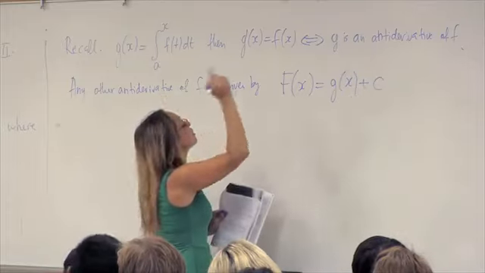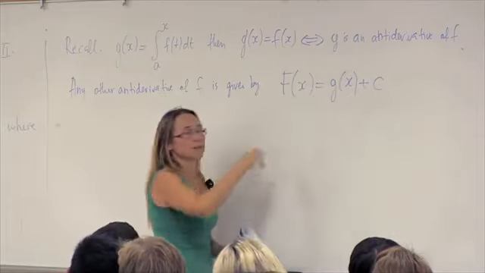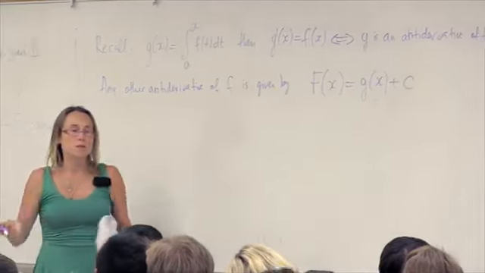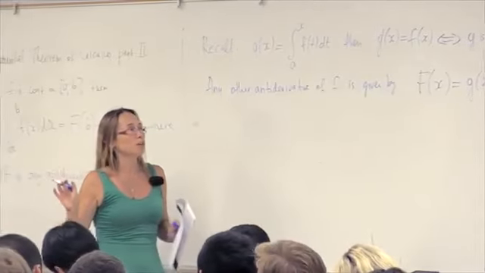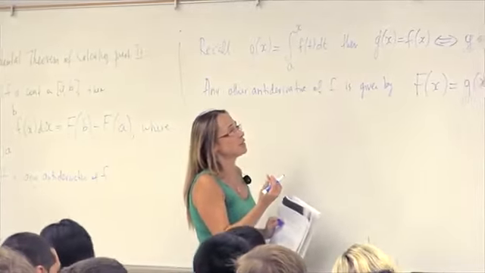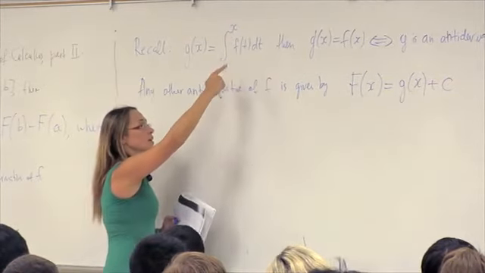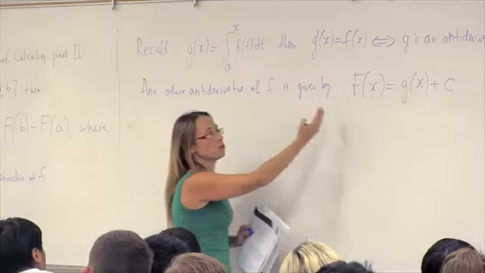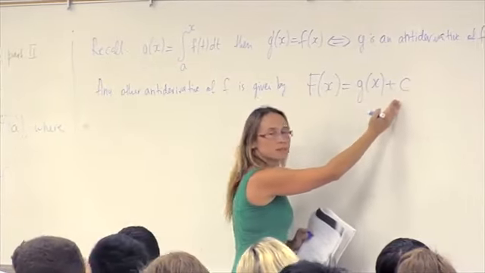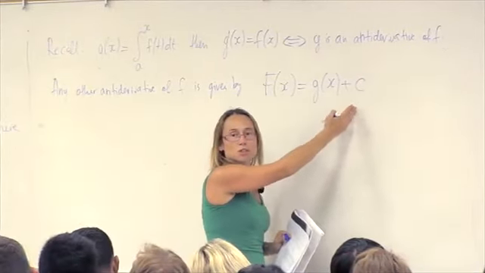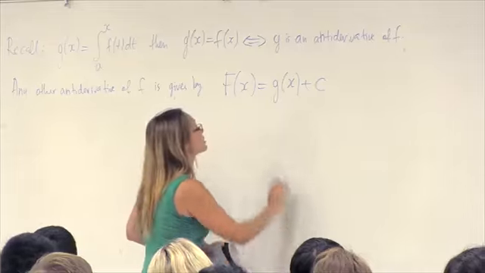It can only differ from this one by a constant. So the fundamental theorem of calculus, part 1, identified one of the antiderivatives of f. It's given by this funny function. And now we know the most general antiderivative. It differs from it by a constant. So this is a general statement. Any antiderivative is given by this.